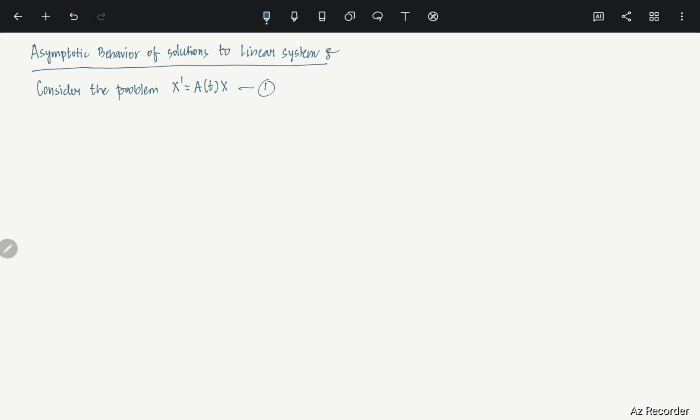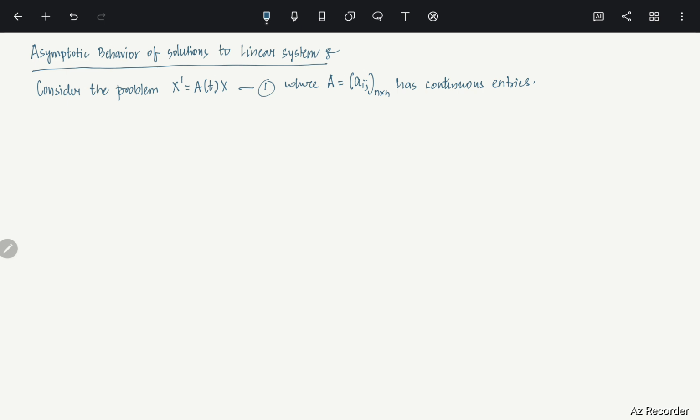It depends on t, where A is given by a_ij, n cross n, and has continuous entries. Continuous entries. Clear?